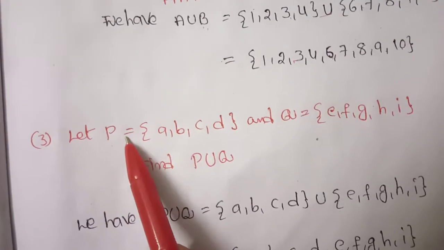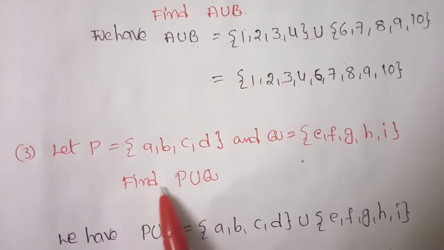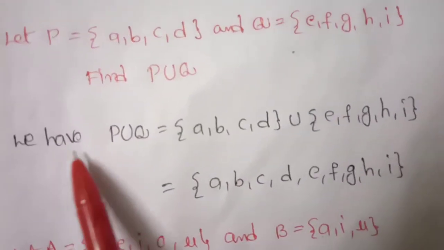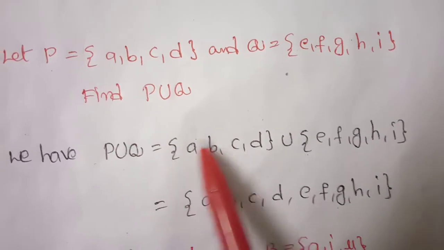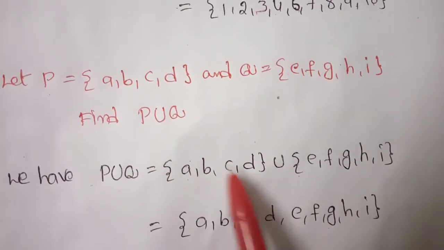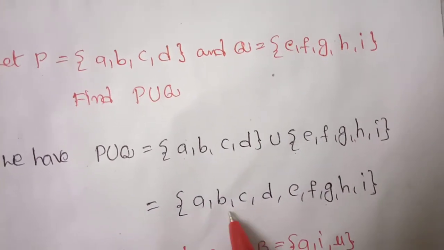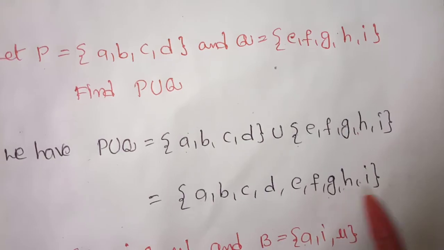Next one: let P = {a, b, c, d} and Q = {e, f, g, h, i}. Find P ∪ Q. First write {a, b, c, d} ∪ {e, f, g, h, i}, the A set or B set, and then write the union as {a, b, c, d, e, f, g, h, i}.